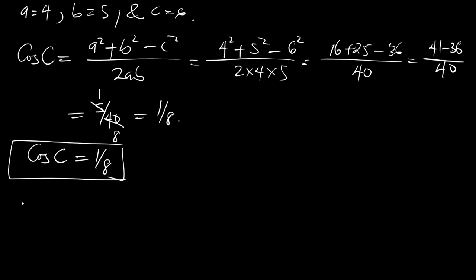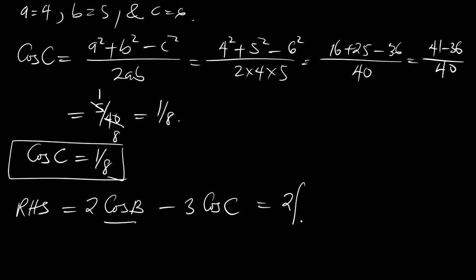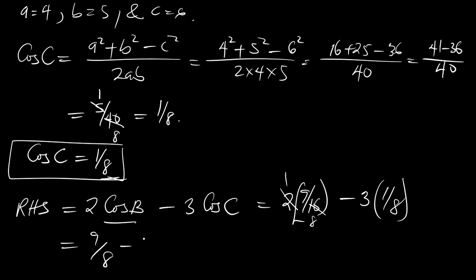Now let's look for the right hand side. The right hand side is 2 cos B minus 3 cos C. Now what we got as our cos B is 9 over 16, so just plug in 9 over 16 here, minus 3 times the cos C we got, 1 over 8. So 2 divides 16 is 8, so we have 9 over 8 minus 3 over 8.